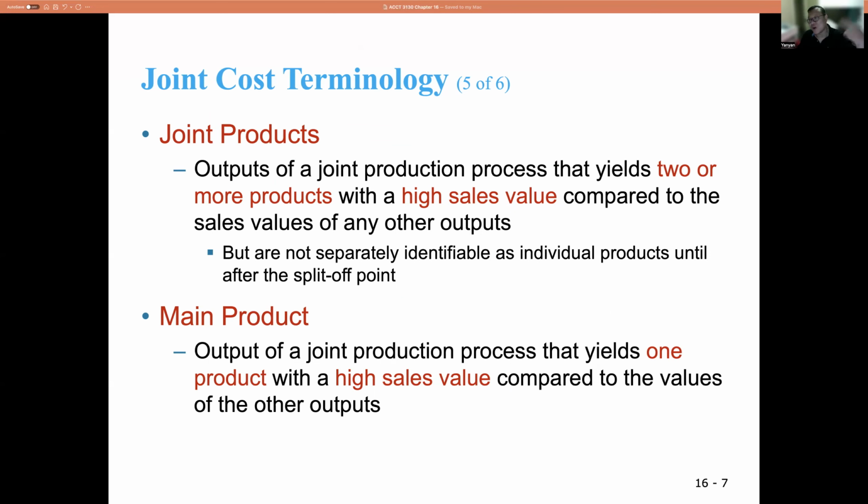Main product is just one. The main product means among all the outputs, there is only one output with a high sales value. So we call this output a main product. This is all relative, right, to the other outputs.